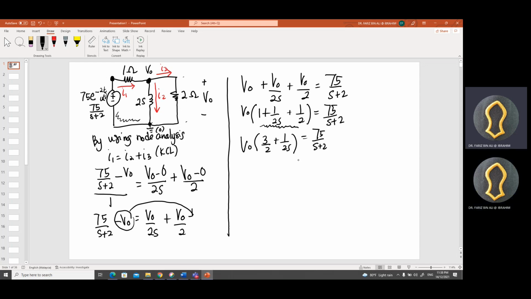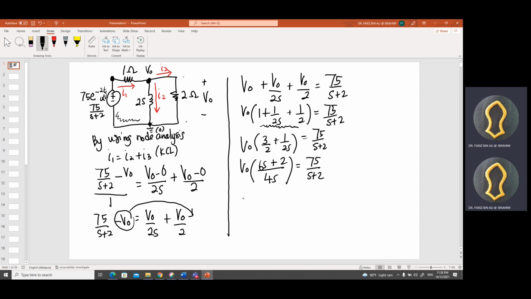We make it 4S at the bottom, so you will have 6S plus 2. So in the bracket now, 6S plus 2 over 4S, equal to 75 over S plus 2.